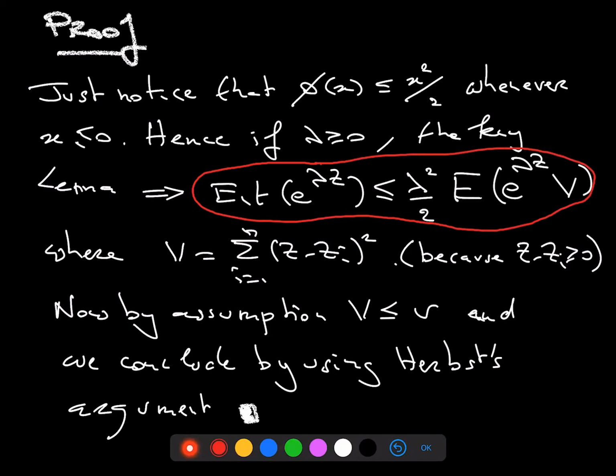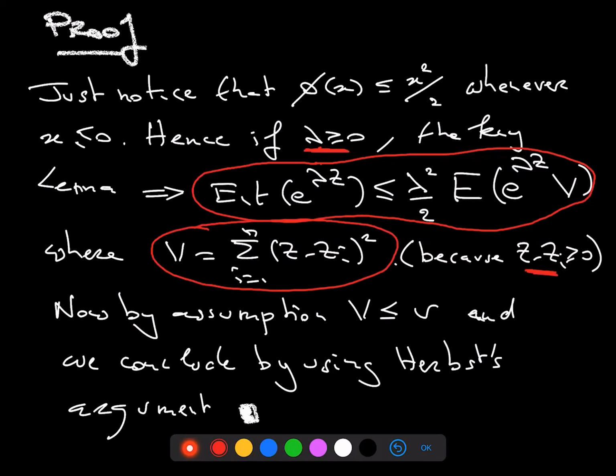to a control of the entropy of lambda Z by lambda square over 2 times the expectation of exponential lambda Z times V, where V is this quantity here. Okay? And this holds true because we have assumed that the differences between Z and Zi are non-negative, and that the value of lambda here is also non-negative.